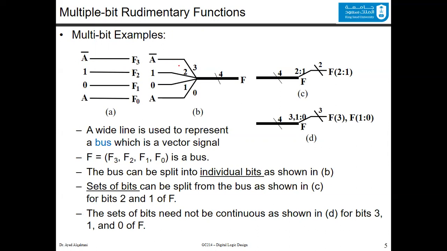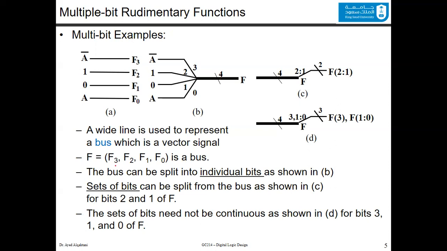You can combine those 4 lines, indexed by 0, 1, 2, 3, into one thick bus drawn like this, and you indicate on the line that it has 4 lines bundled in it by writing /4.